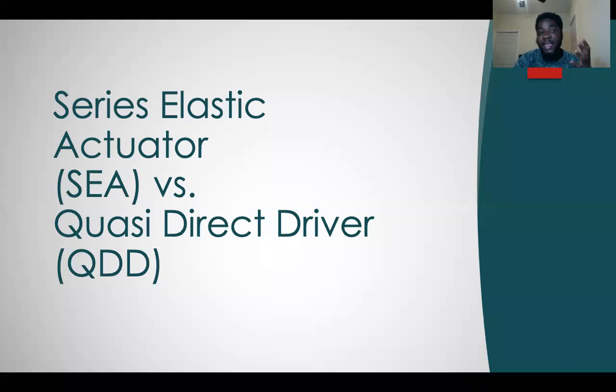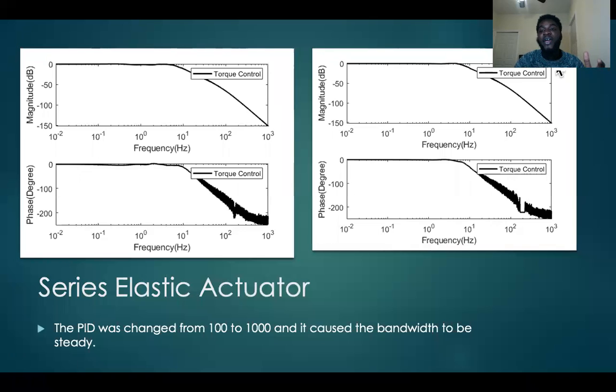So now we get down to the specifics between the two of them. Based on some of the results I ran through MATLAB and Simulink, I was able to see that there are certain differences between the two. This is the series elastic actuator, and it shows the torque control. It shows that as time goes on, or as the frequency increases, there is less torque control.